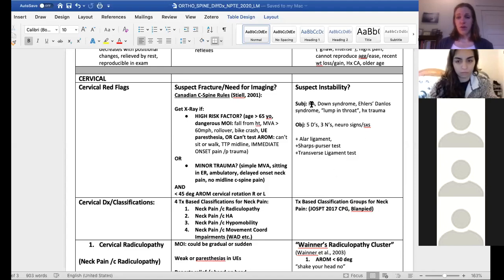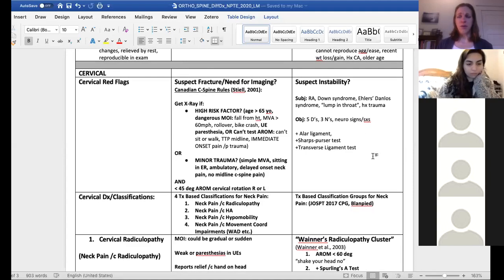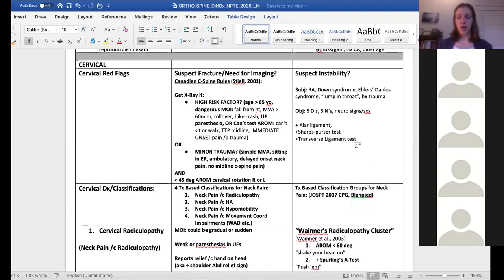So rheumatoid arthritis, RA, Down syndrome, Ehlers-Danlos, lump in the throat, which is sometimes described as a symptom of upper cervical instability, history of trauma, and then your neuro symptoms are going to clue you in that you may have this going on, and you want to ask these questions if you suspect it. You're also going to do your ligament testing. That's going to be important to rule out instability.